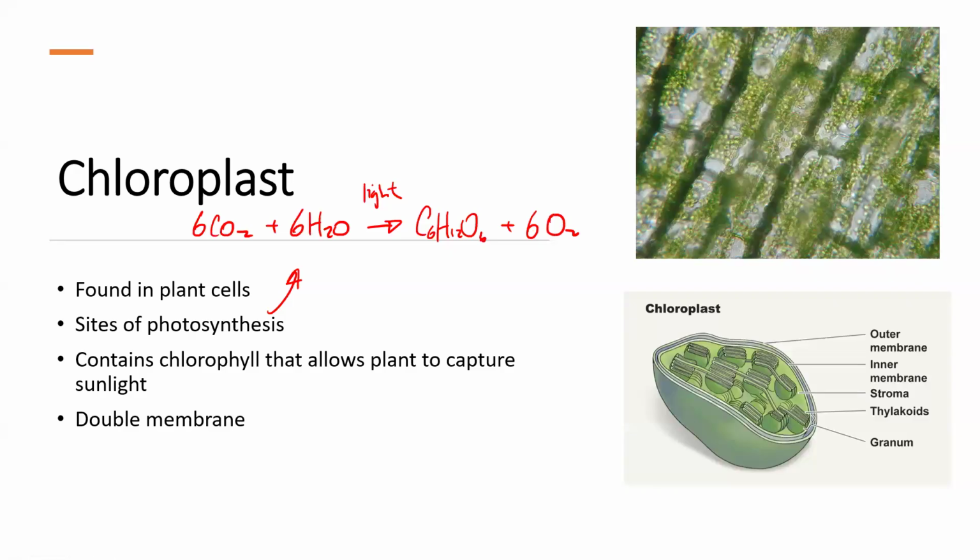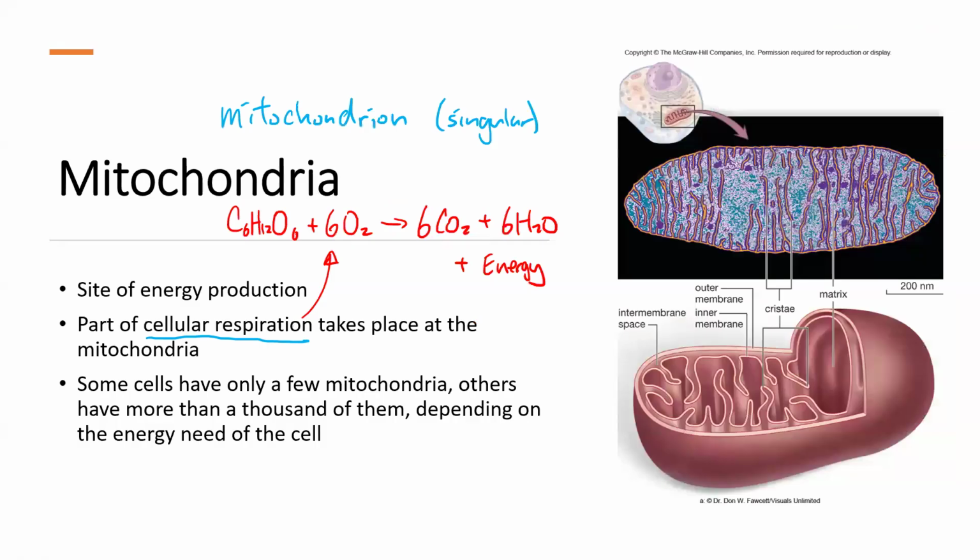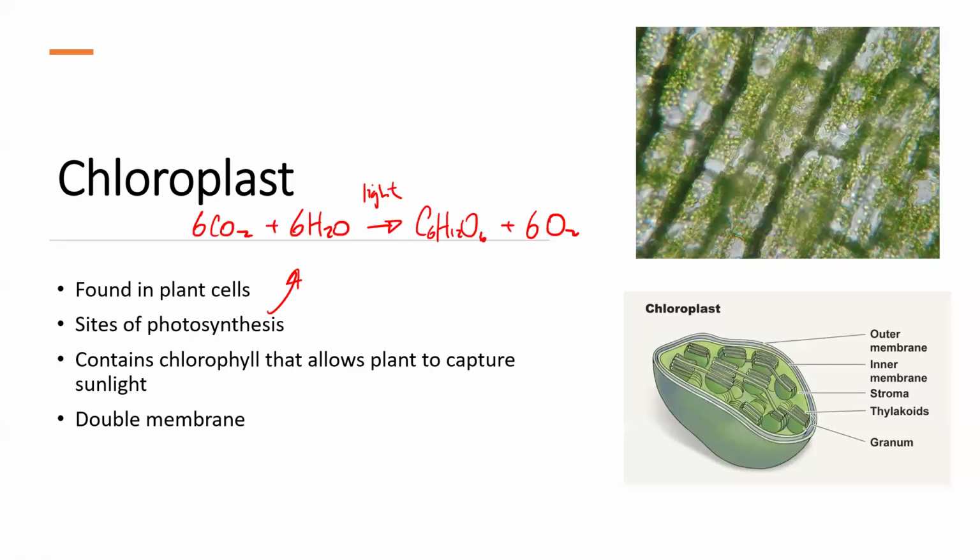Now, if you have been paying attention, you might notice that the chemical reaction for photosynthesis is actually the reverse of cellular respiration. We wrote it down 2 slides ago. Right? Look at the cellular respiration. It is completely opposite to photosynthesis. So these 2 processes actually complement each other. It forms some kind of balance in nature.